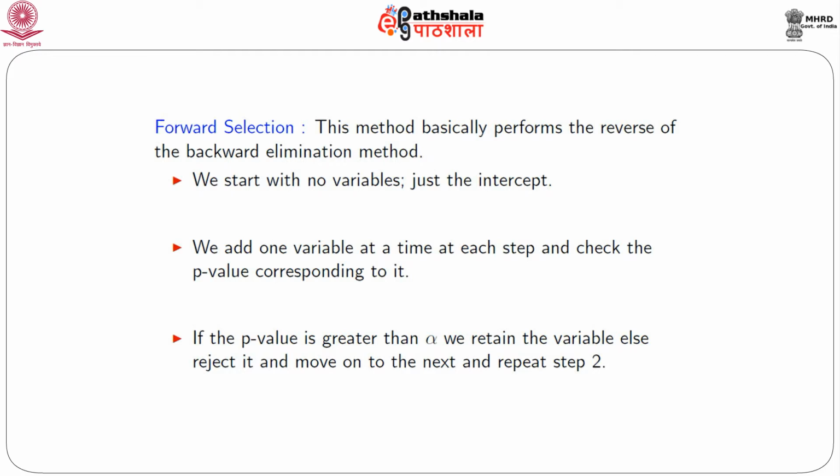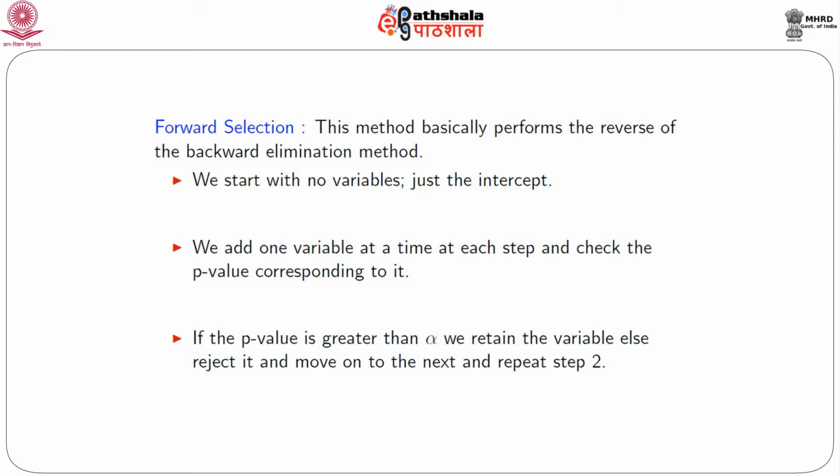In the case of forward selection, we start with no variables and just the intercept term, and then we add one variable at a time at each step and check the p-values corresponding to each of these variables. Now, if the p-value is greater than alpha, we retain the variable, else we reject it and move on to the next step and repeat step 2.